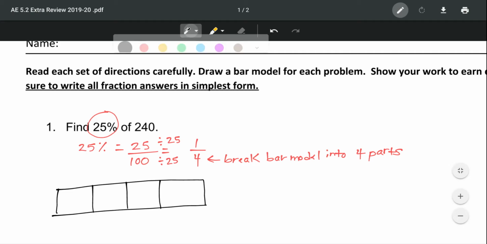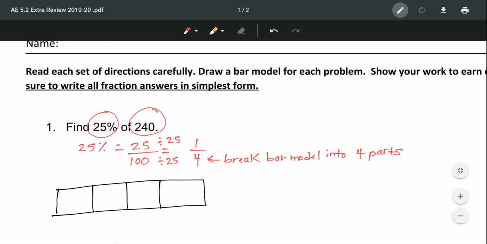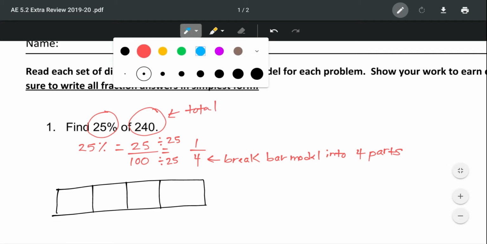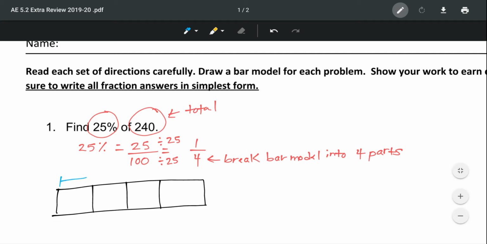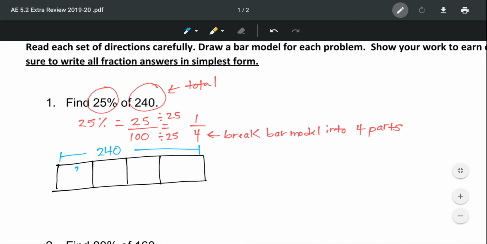Of 240, 240 is the total, so the total value of your bar model. I'm going to label the total value of my bar model as 240. Now we need to figure out the value of each of these parts.